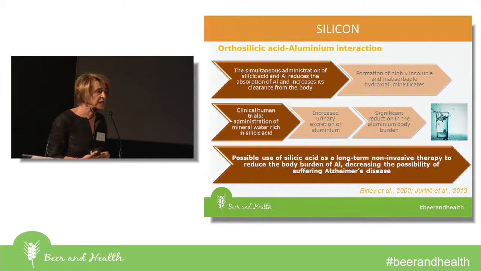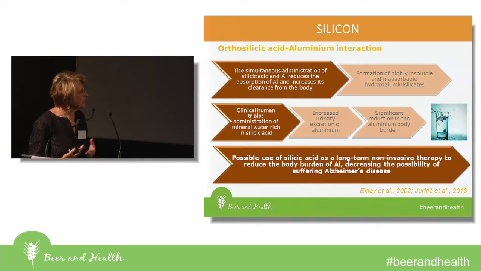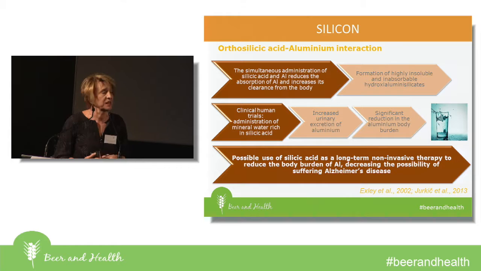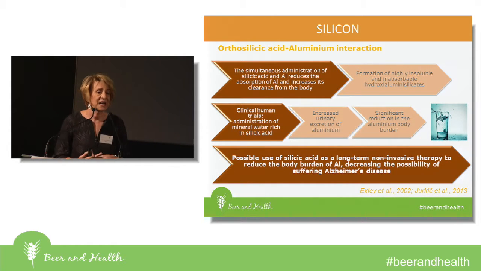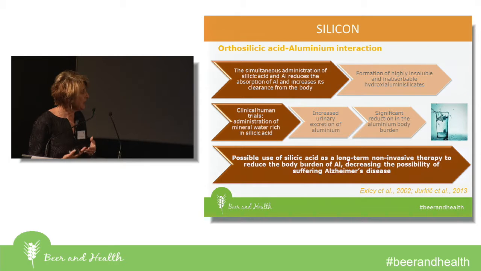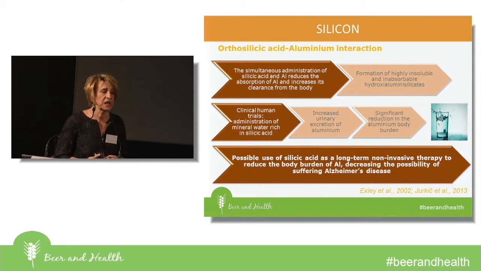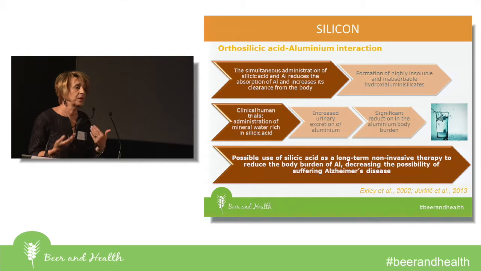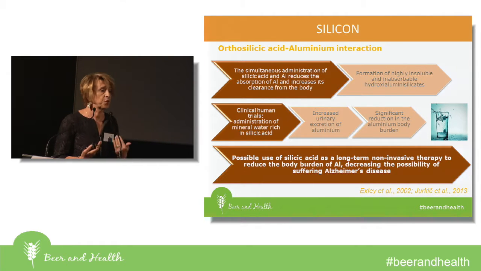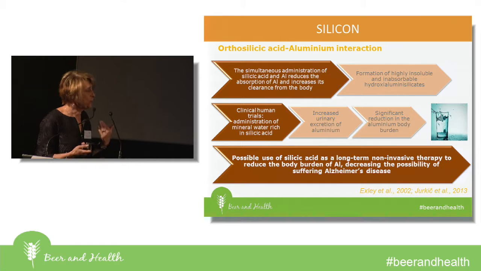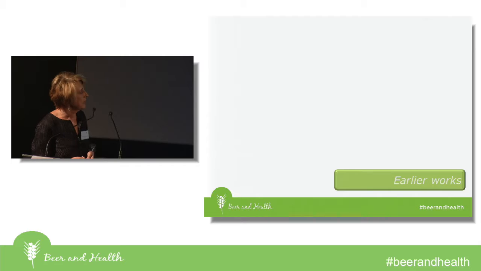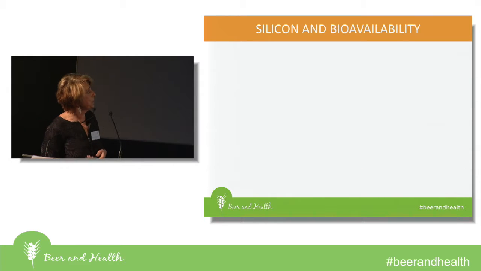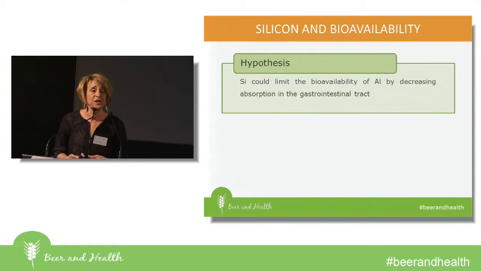We've also seen different studies with water which contains silicon, and we saw that the consumption of this water enabled us to reduce the total amount of aluminium. So we can see that these substances could be used in long-term therapies in order to reduce aluminum content in the body burden and would thus delay the onset of Alzheimer's disease.